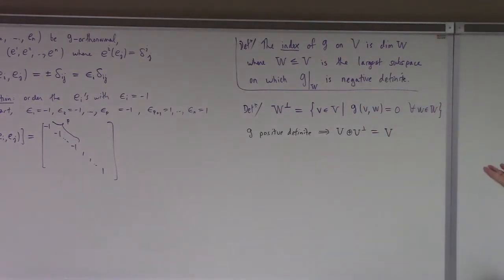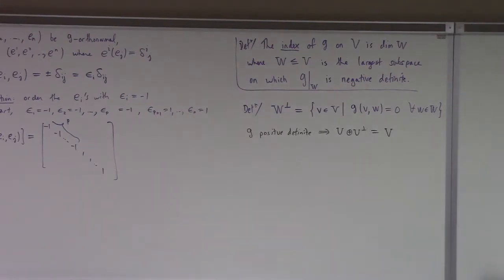This is what we used for our tangent and normal space discussion. If the normal space is 2-dimensional and you're in a 10-dimensional context, then the tangent space has to be 8-dimensional, because whatever's not in the normal is in the tangent and vice versa. So the direct sum of the normal and tangent spaces gives you the total space of all vectors at P. This is because you're using the Euclidean inner product, and it's positive definite.